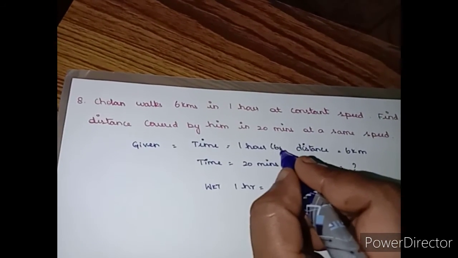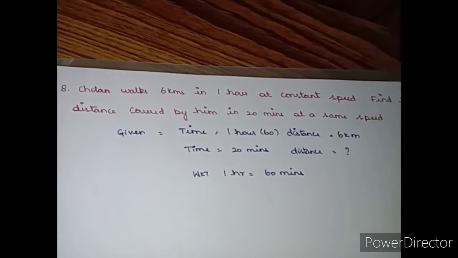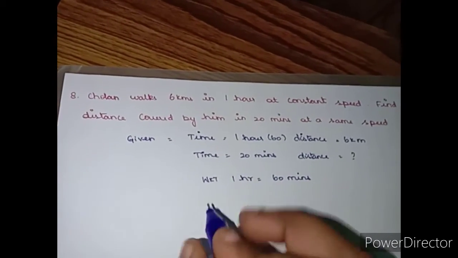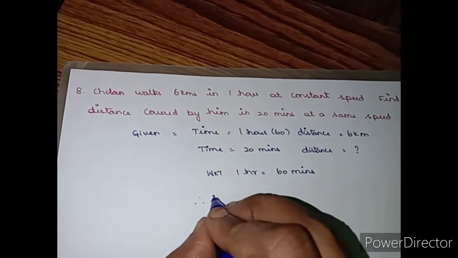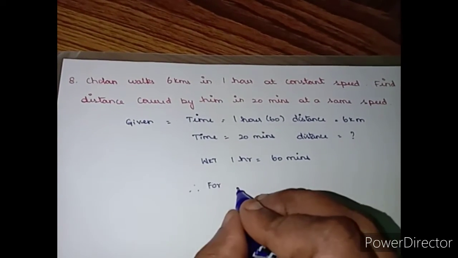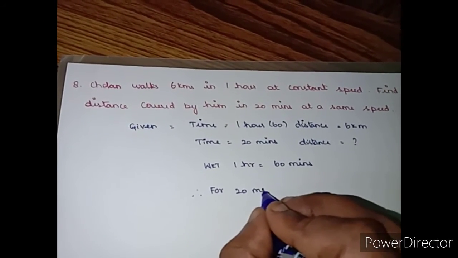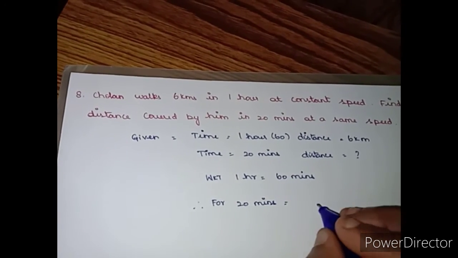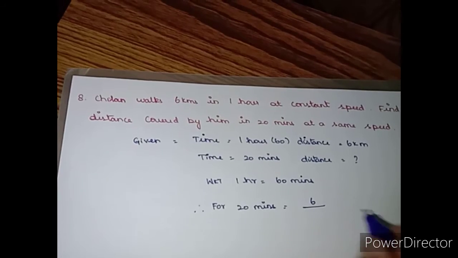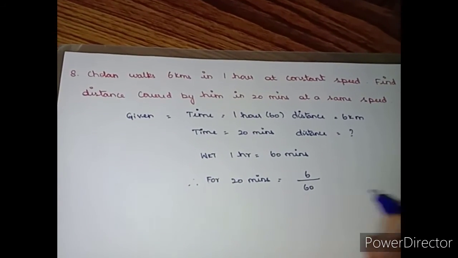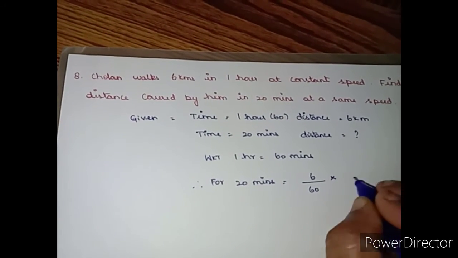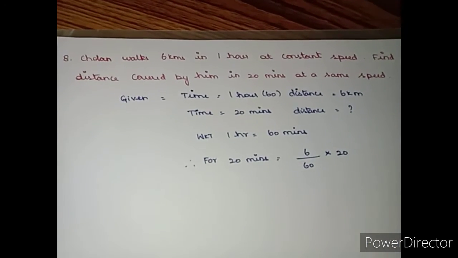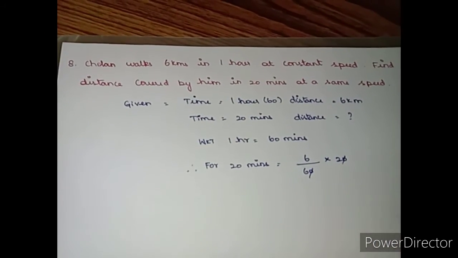So in 60 minutes he has covered 6 kilometers. So therefore for 20 minutes, I am going with the short method, for 20 minutes is equal to 6 kilometers divided by 60 into 20. Yes, so 0 and 0 cancel.